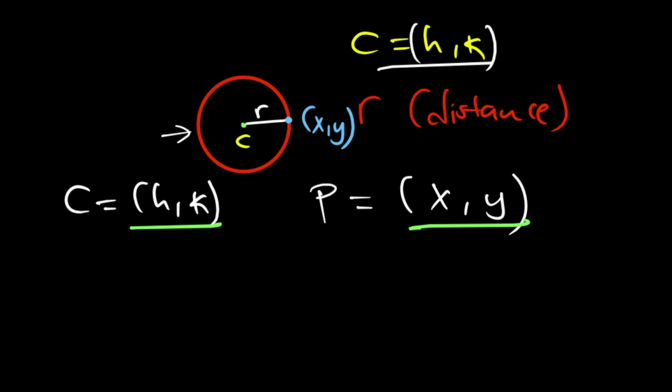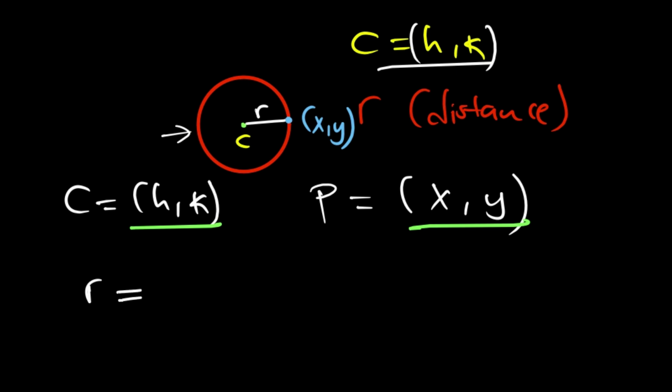So the formula for determining the radius, or the distance from the center to any point on the circumference, is just the coordinate geometry distance formula, where we've got 2 coordinates. It's basically simple, right? The distance formula is given as the difference between these coordinates.